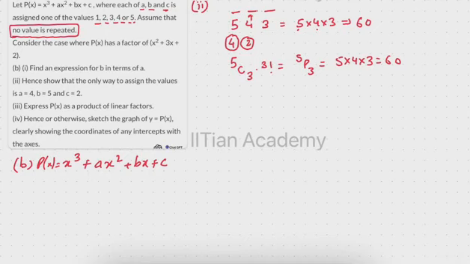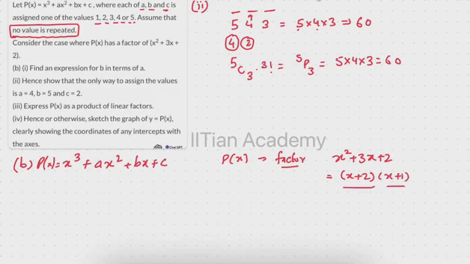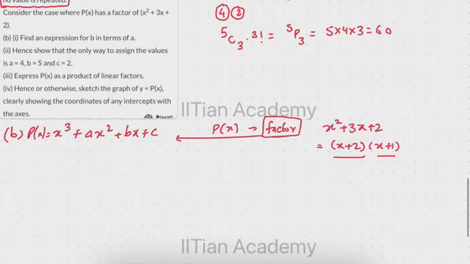It is very clearly written that no value is to be repeated. We are also given that P(x) has factors. This is a cubic and it has the factor x square plus 3x plus 2. This is a quadratic expression, and we can factorize it as (x plus 2)(x plus 1), and it is given that these are factors of this expression.